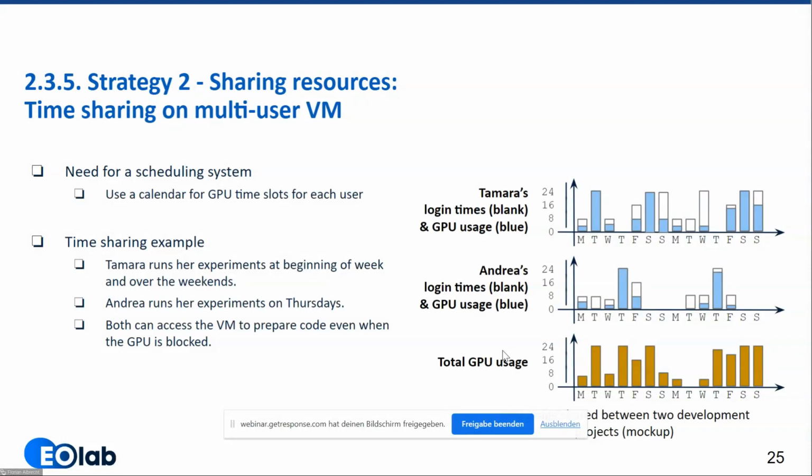So this presentation shows you how the usage of the GPU, the utilization of the GPU, may not be fully going through the entire time when a user is logged in, but there's also time when users just interact with the code to improve it, and afterwards do the running.